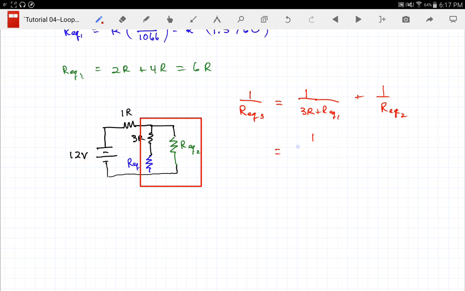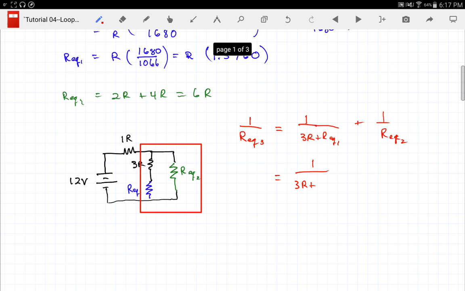So that's equal to 1 over 3R plus 1.5760R plus 1 over 6R. Or simplifying, that's 1 over R times 1 over 4.5760 plus 1 over 6.